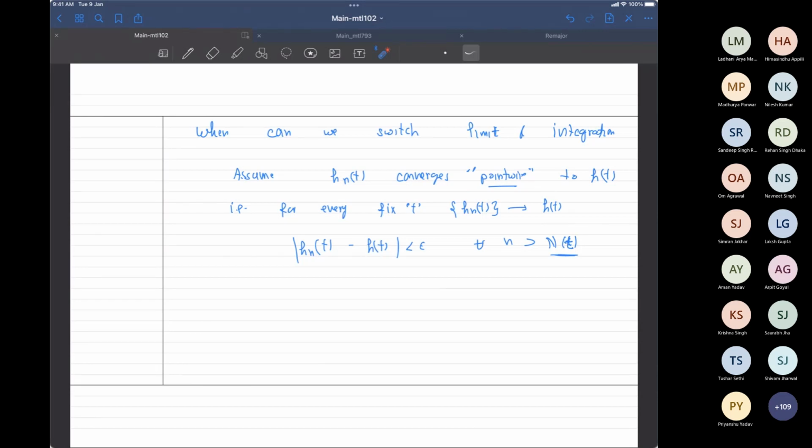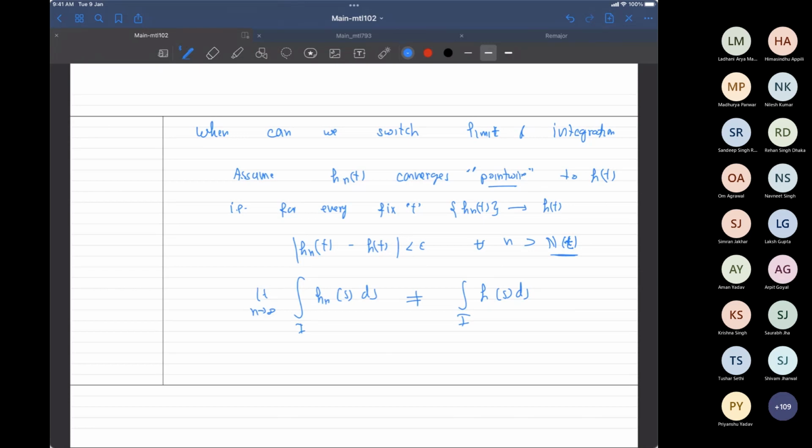But here I just want to show you that if this is the case, then the limit as n tends to infinity of the integral of h_n(s) ds over some interval need not be equal to the integral of h(s) ds over the same interval.